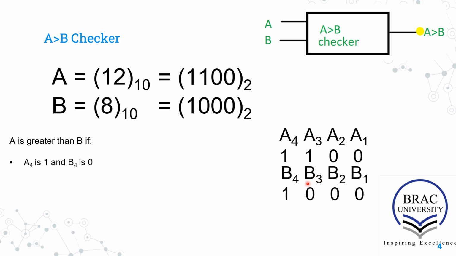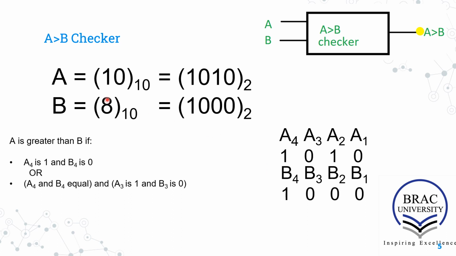So we can conclude that again A is greater than B, because these two bits are equal and A3 is 1 and B3 is 0. So this is the second instance: if A4 and B4 are equal and if A3 is 1 and B3 is 0, then also we can say that A is greater than B.